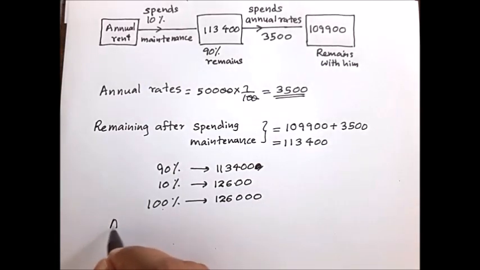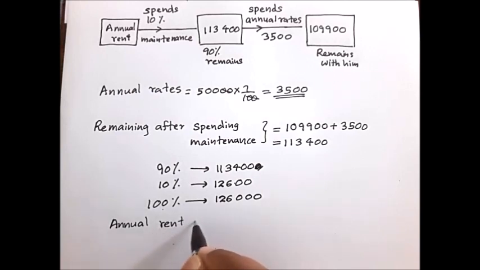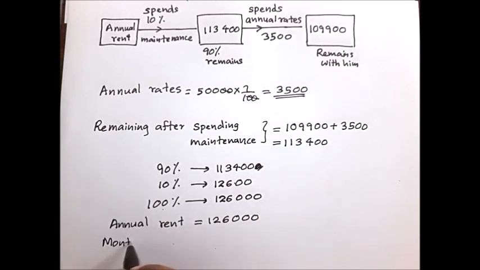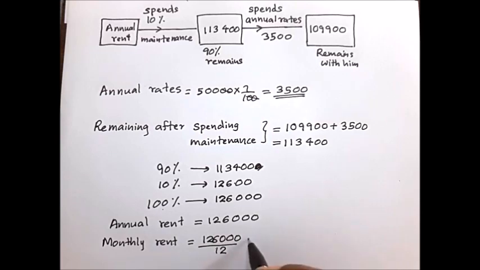This is the annual rent he received. To find monthly rent, divide this one by 12. Answer is 10,500 rupees.